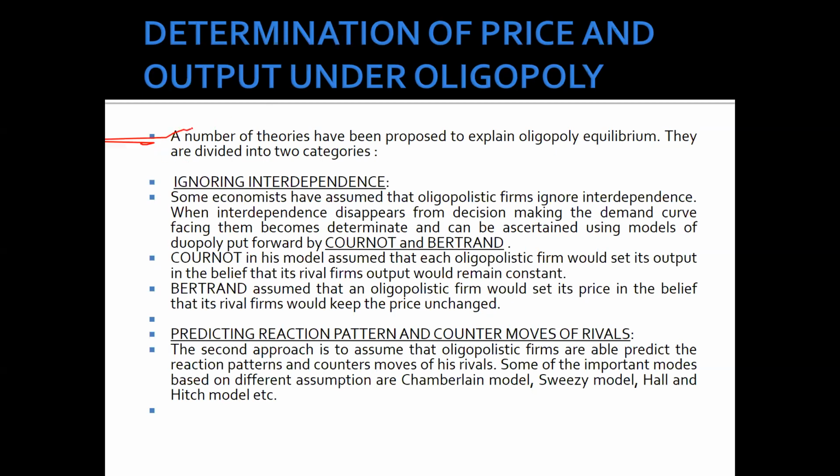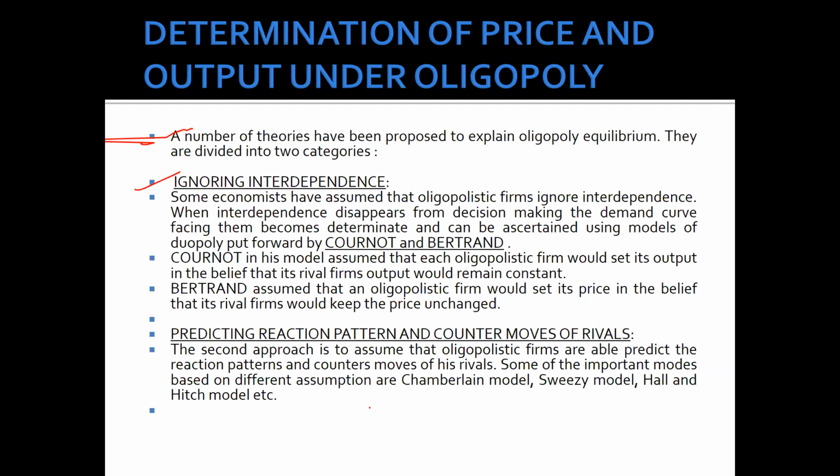We will talk about a number of theories that have been proposed to explain oligopoly equilibrium, like ignoring interdependence. When there is the Cournot and the Bertrand model, we are ignoring interdependence. It means one company gives its own price; the companies are not making policies jointly.